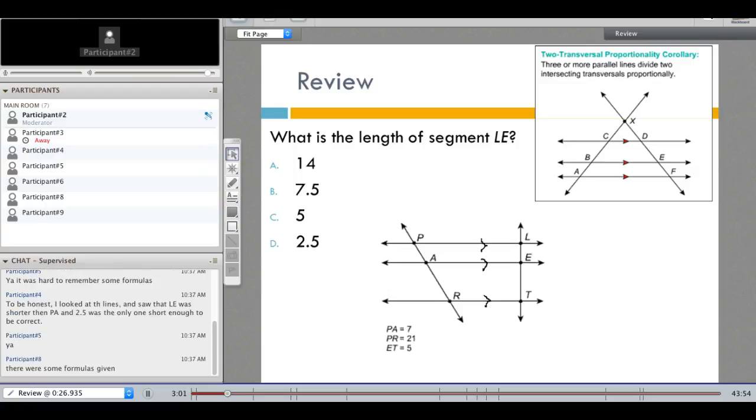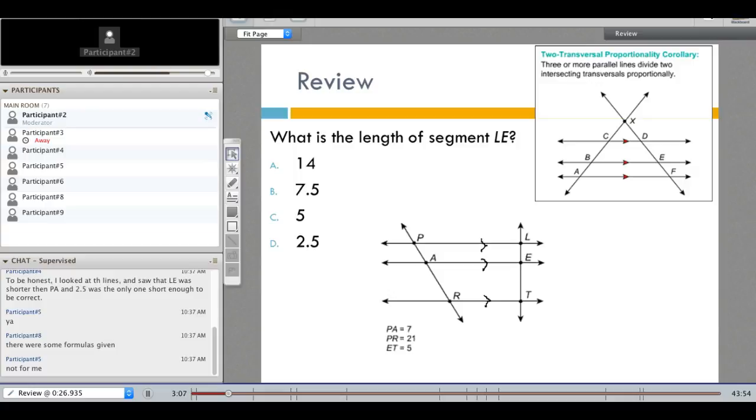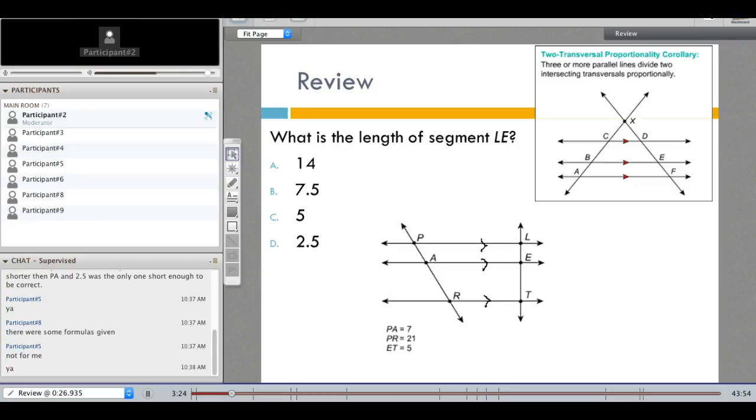Was there some stuff that there were some formulas given? Yes, and then some that weren't. Okay. And then were there some items where we haven't gone over at all yet? Oh, no formulas were given for you, huh, Sarah? Hey, well, that's a good way of thinking also.